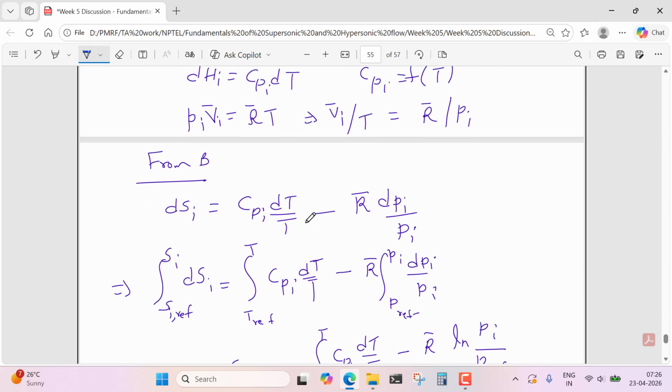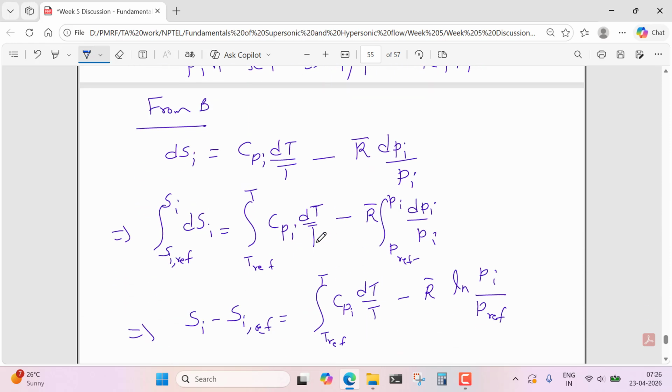From equation B we will get dsi equal to Cpi dT upon T minus R bar dPi upon Pi, which means integration from si reference to si of dsi equals integration from T reference to T of Cpi dT upon T minus R bar integration from Pi reference to Pi of dPi upon Pi.